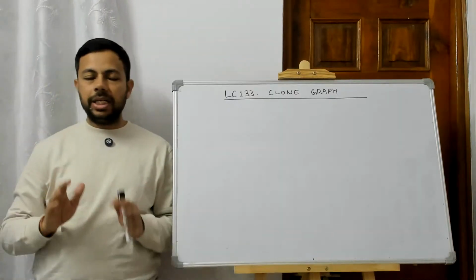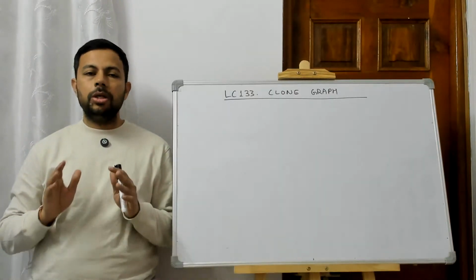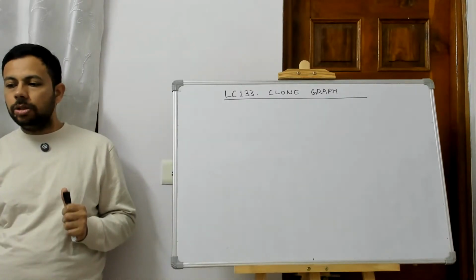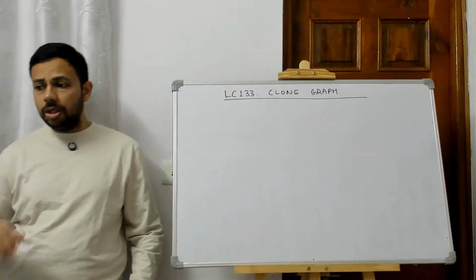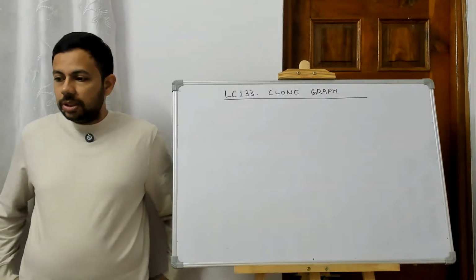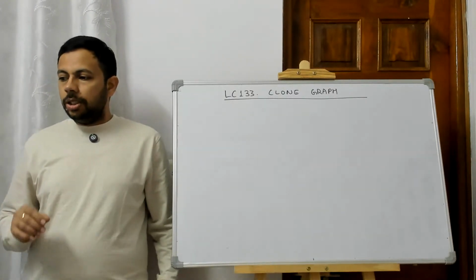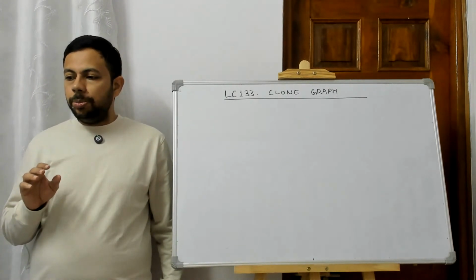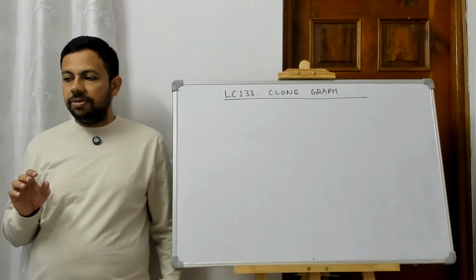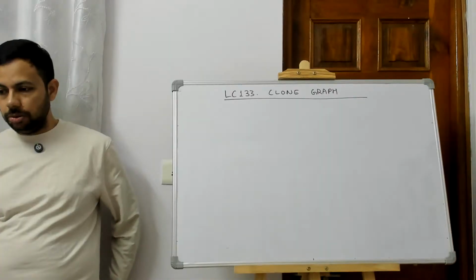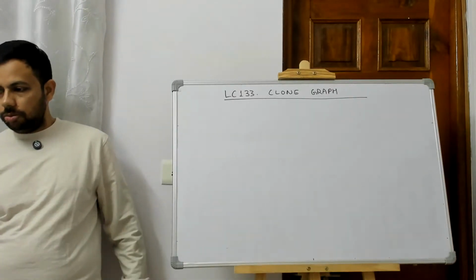Each list describes the set of neighbors of a node in a graph. The given node will always be the first node with value equal to 1. You must return the copy of the given node as a reference to the cloned graph.